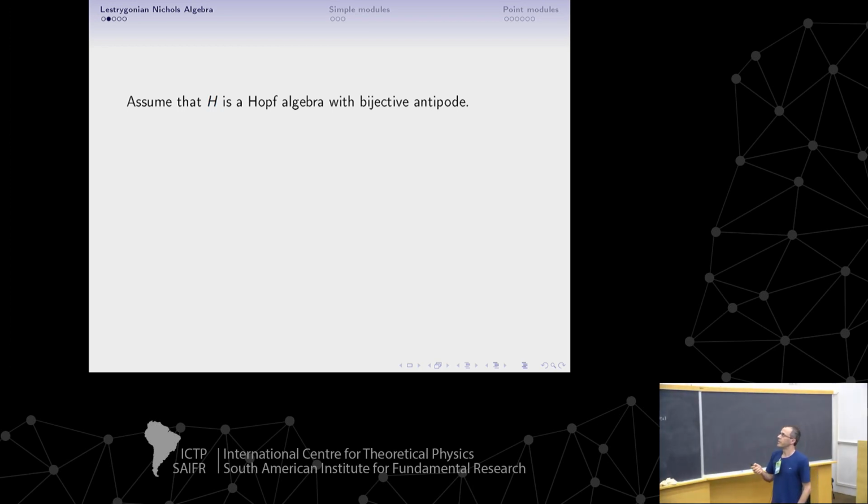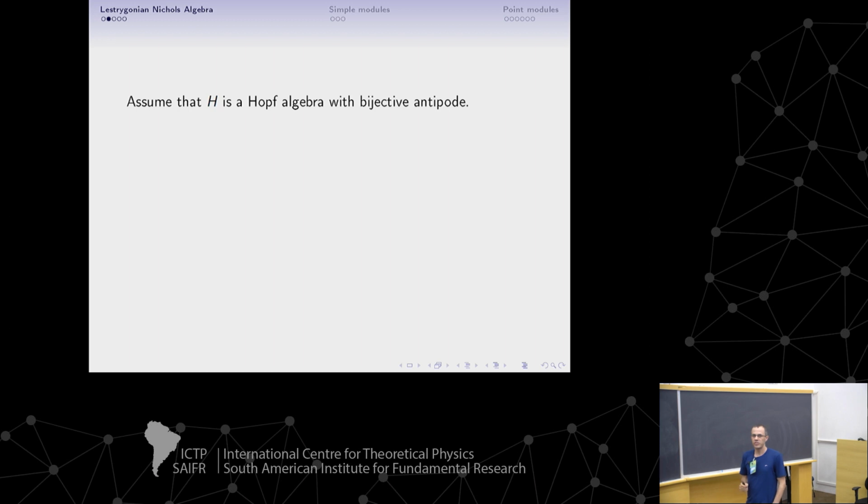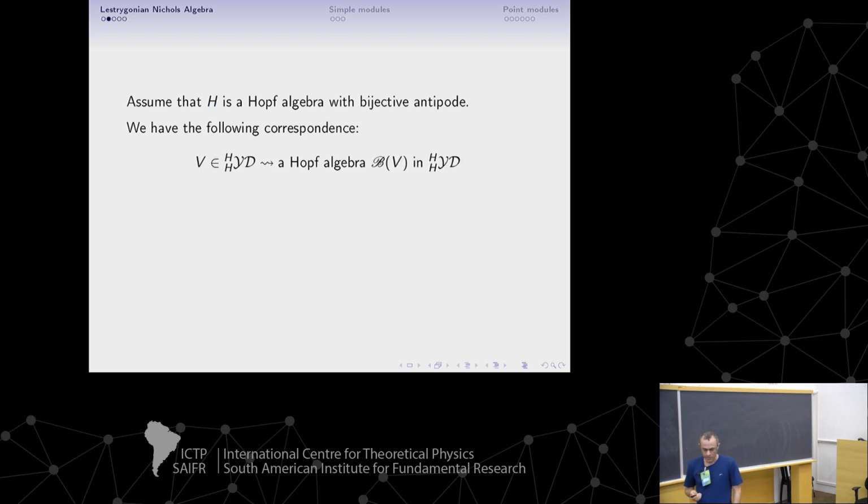So we assume that H is a Hopf algebra with bijective antipode. In this case, we can associate to any object here a Hopf algebra in this category. This is not a usual Hopf algebra, it is a braided Hopf algebra.